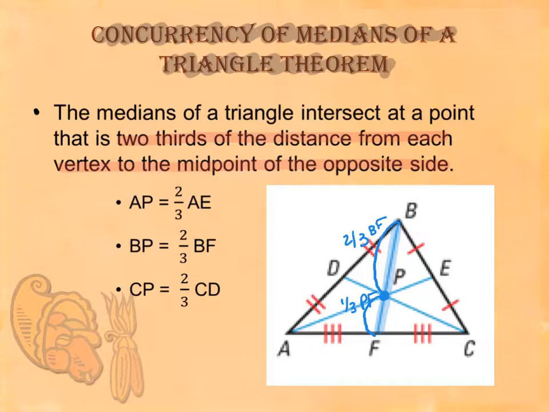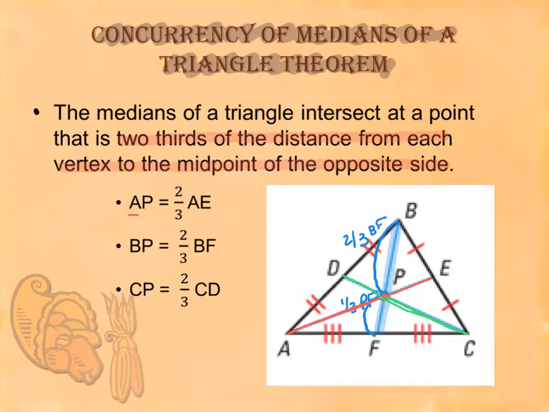If you look here on the left, it says AP, which is this part of that median, would be 2/3 the length of AE. BP is the one we just showed, and the last one would be CP is 2/3 the length of this whole median, which is CD.